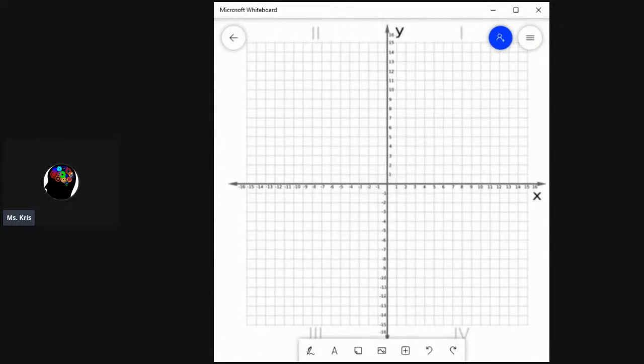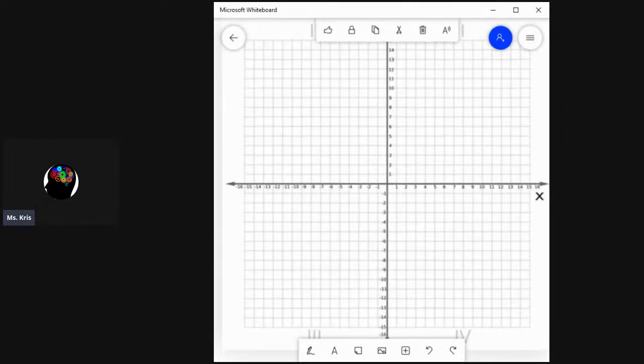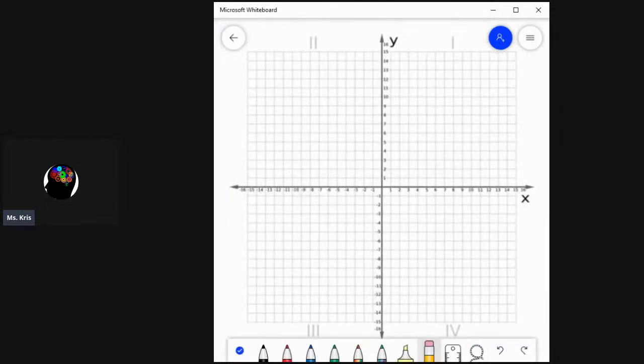So now, x, y, negative x, and negative y. So this is good for when you are learning how to graph a function.